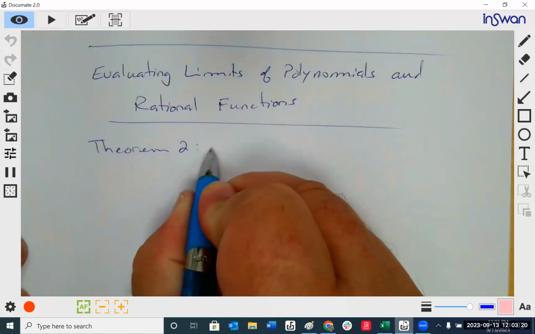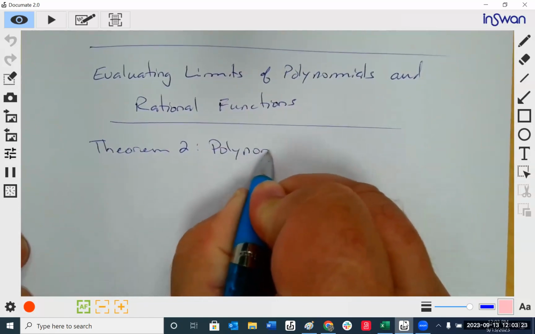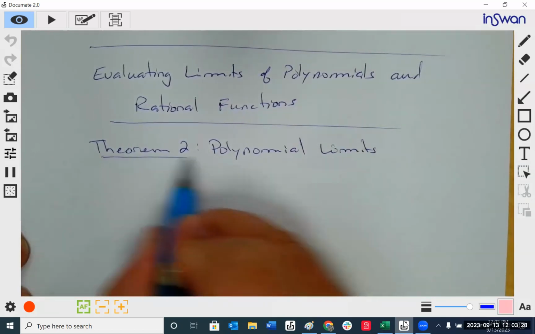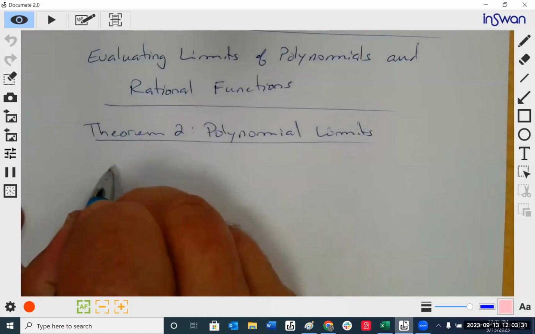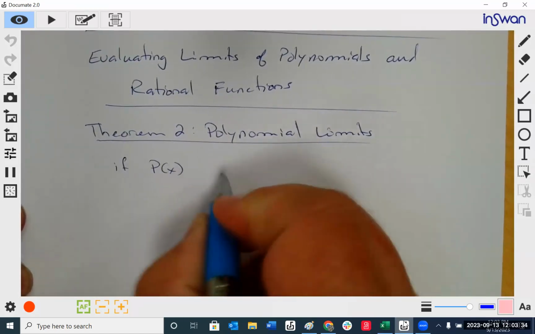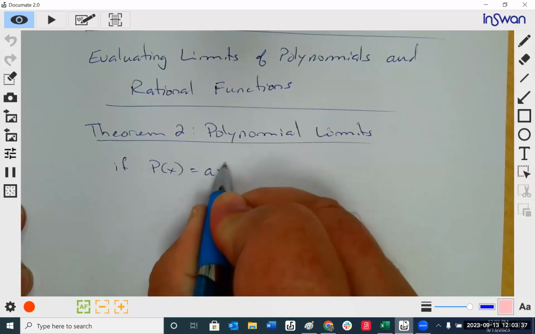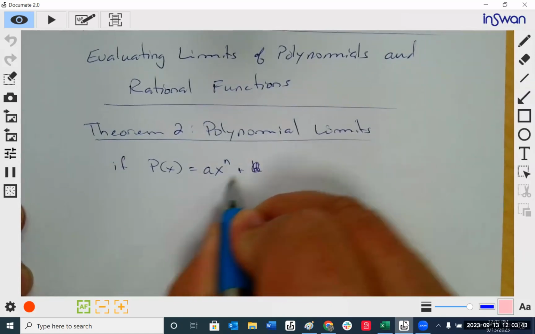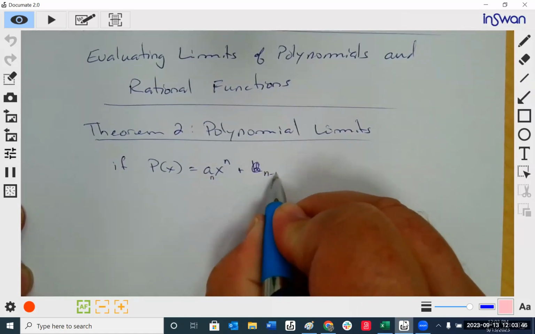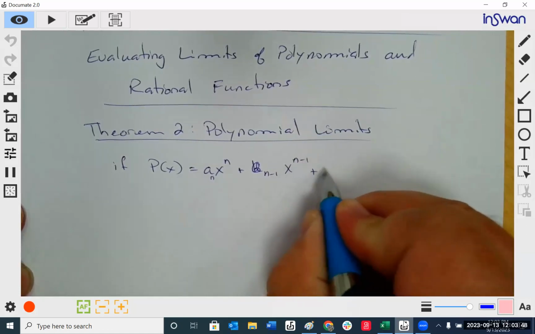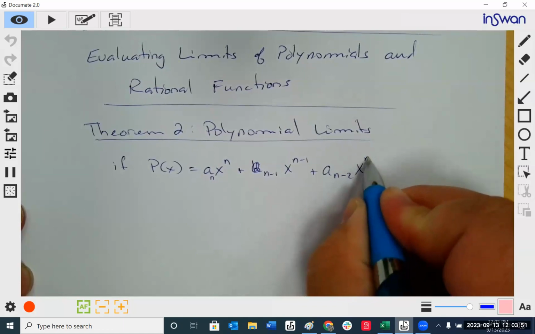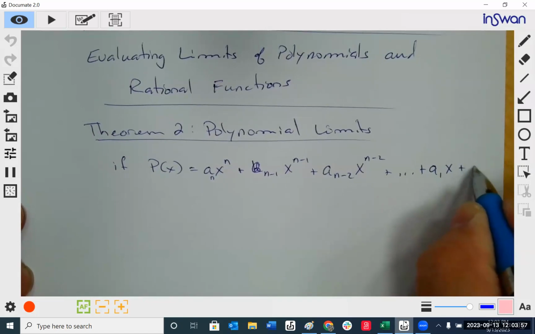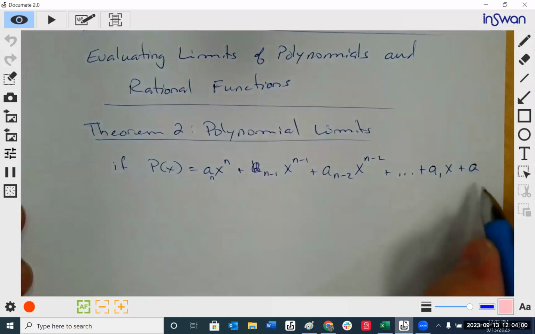Theorem 2. Polynomial limits, or limits of polynomials. If P of X is some polynomial AN X to the power N plus AN minus 1 X to the power N minus 1 plus AN minus 2 X to the N minus 2, all the way down to A1 X plus A0.